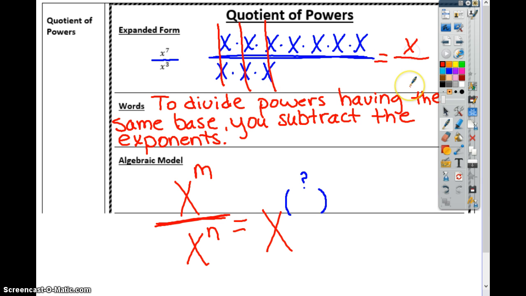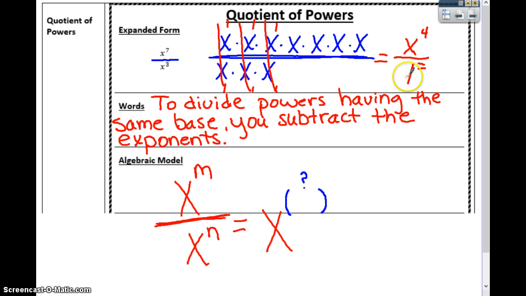X to the fourth power left up on the top in the numerator. And then on the bottom, how many are left? Zero. But we don't put 0 because these cancel out, you know, 1 and 1, 1 and 1. So it's x to the 4th power over 1, which simplifies down to, because if you have 1 in the denominator, we can just make it x to the 4th power.